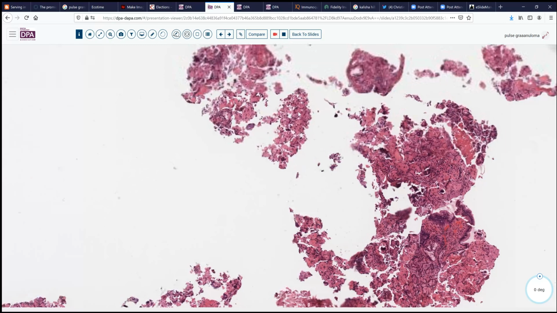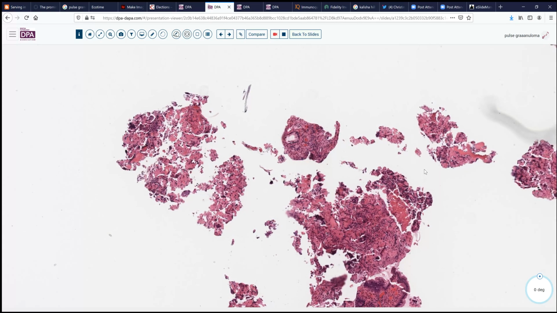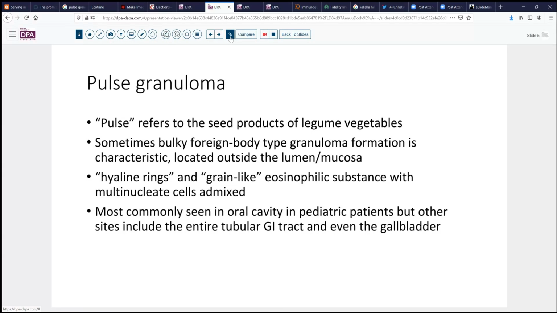However, the very granular seed-like or grain-like character of this tissue with the lamellations and the foreign body giant cells is characteristic of what's known as the pulse granuloma. So pulse granulomas refers to the seed products of legume vegetables, so the beans, lentils, and so forth.